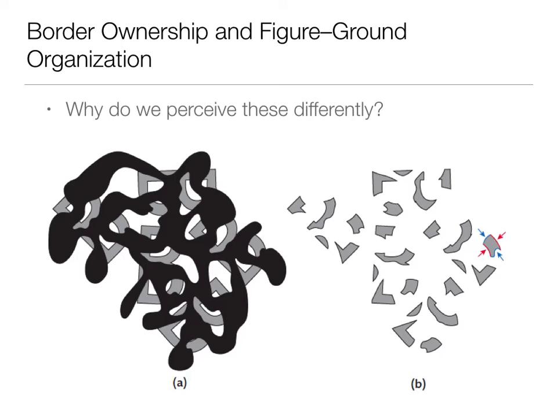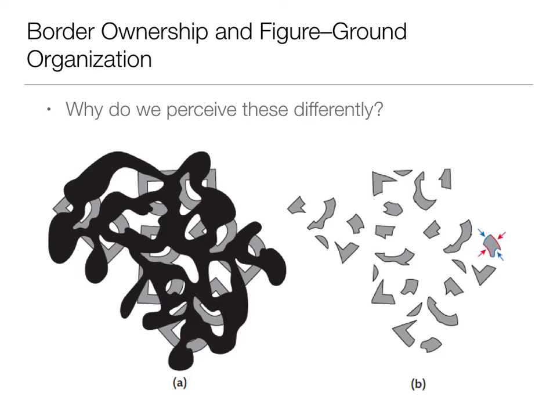This is because of differences in how figure to ground organization is done. There are several principles that we're going to go through now that will explain why we see the B's in A, and why we have to look a lot harder to see them in B. I can see them in B because I know that they're there and I know that they're the same.